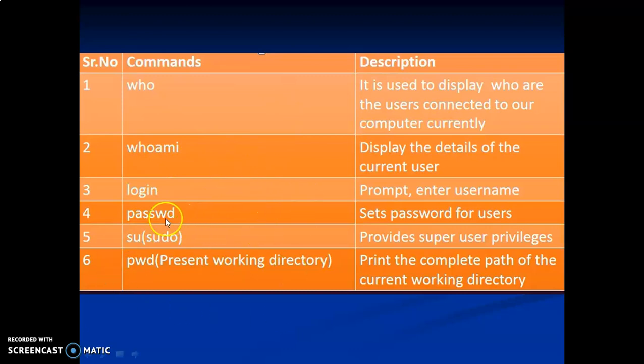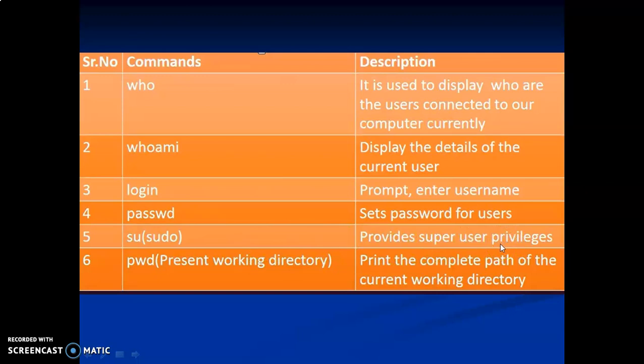The fourth one is the passwd command, which is used to set the password for a particular user. The fifth one is the sudo command, the super user privilege command, which will provide the super user privileges.